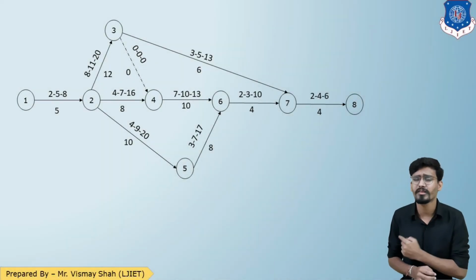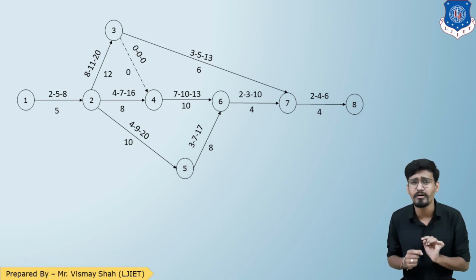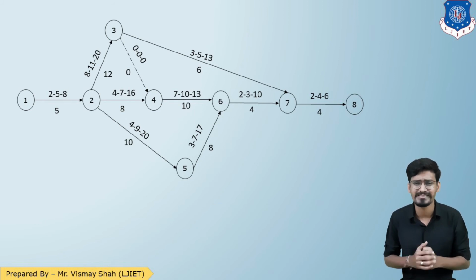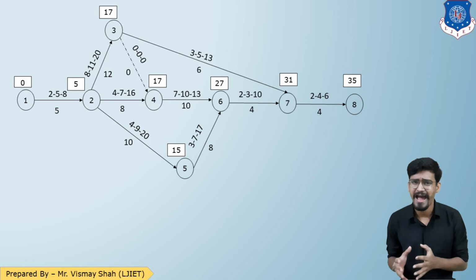So let us put all the values of TE back into the network. So here, I have drawn the network again with the TE timings below the arrow. So now we can do the forward and backward pass analysis. As you know, to perform the forward and backward pass, we need to start from 0. So 1 to 2, 0 plus 5, 5.